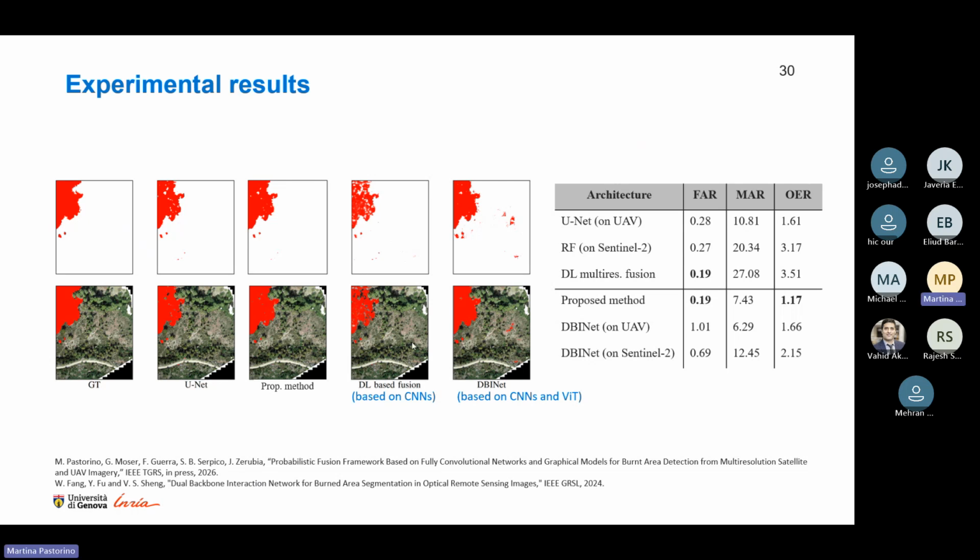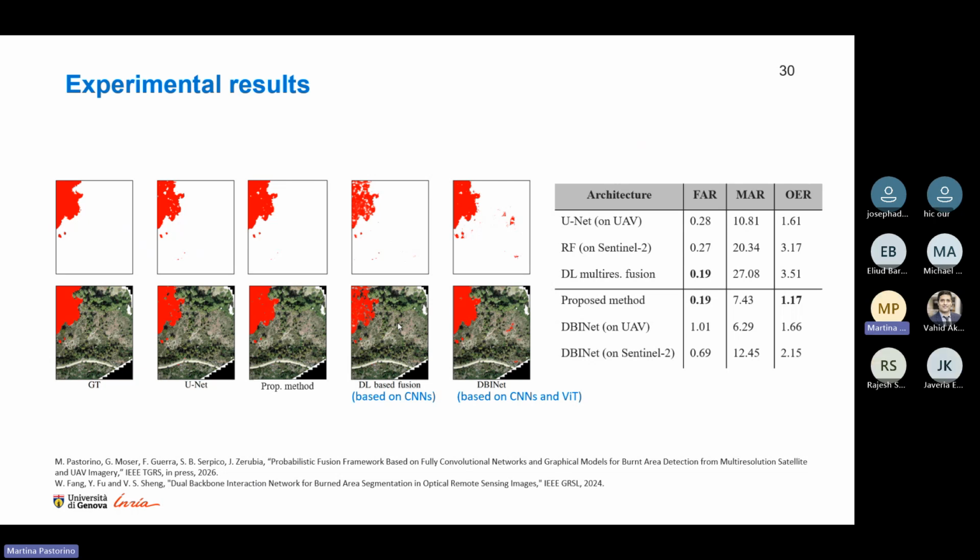And what we can see is that the proposed methodology has slightly better performances in terms of false alarm rates. We don't have random spottings in the image like we can see on DBNet. And at the same time, it has the smallest overall error rate because not only does it not show a high false alarm rate, but it also shows a low missed alarm rate.